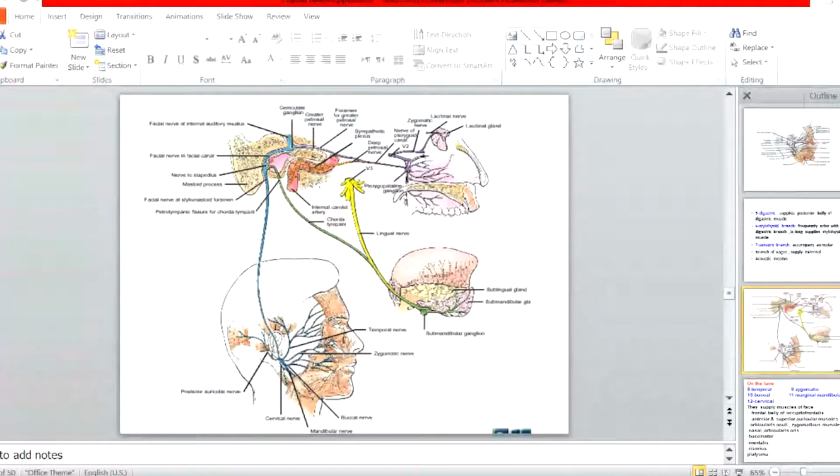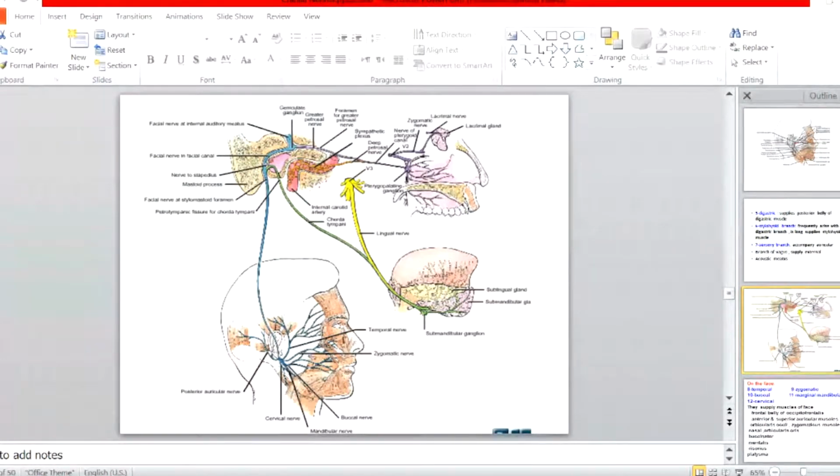This branch from the sympathetic plexus is called the deep petrosal nerve. With the greater petrosal from the facial, the two become one nerve enclosed in one sheath, called the nerve of the pterygoid canal. It passes through a bony canal and enters the pterygopalatine fossa to terminate in the pterygopalatine ganglia, which is connected to the maxillary nerve we have seen.